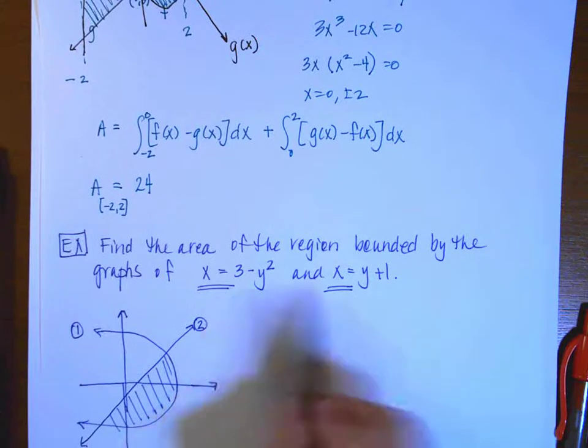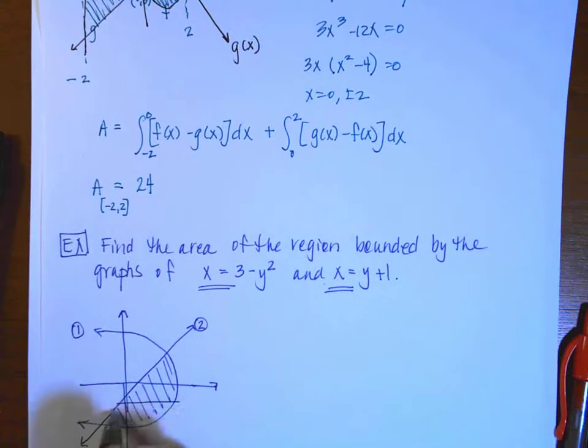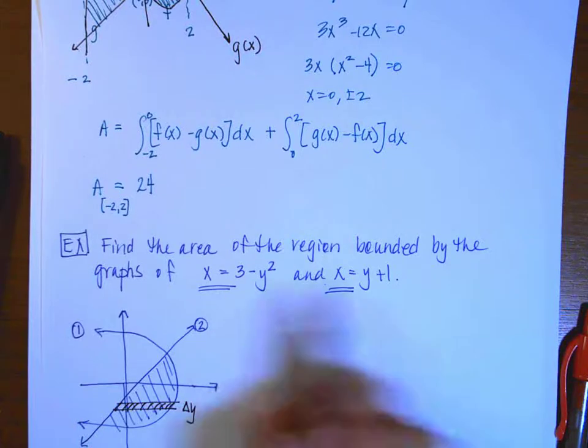Because these are sideways equations, or equations that are in terms of x, my little rectangle is now going to be a delta y.